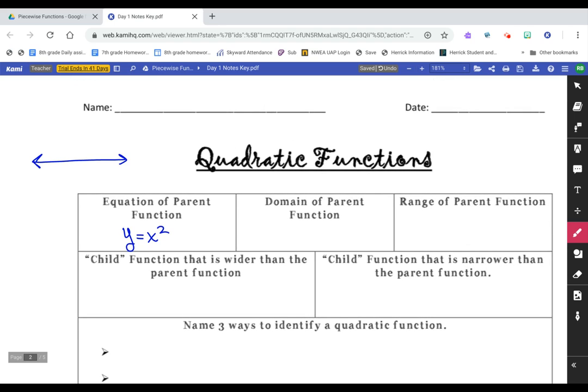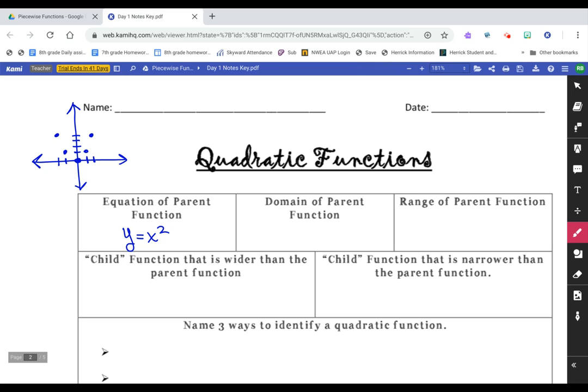So the vertex of your graph will be at 0, 0. And if you're going to think of it as a quadratic, if x is 1, well, 1 squared would also be 1. Negative 1 squared would be 1. And then 2 squared would mean you would go up to 4 because 2 times 2 is 4. And negative 2 squared is also 4.